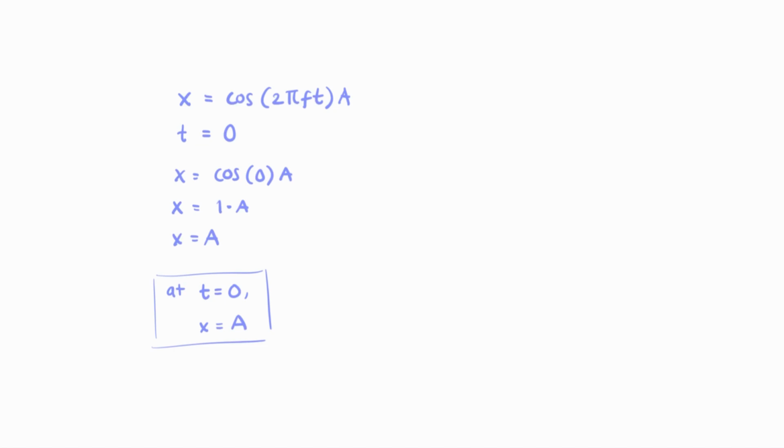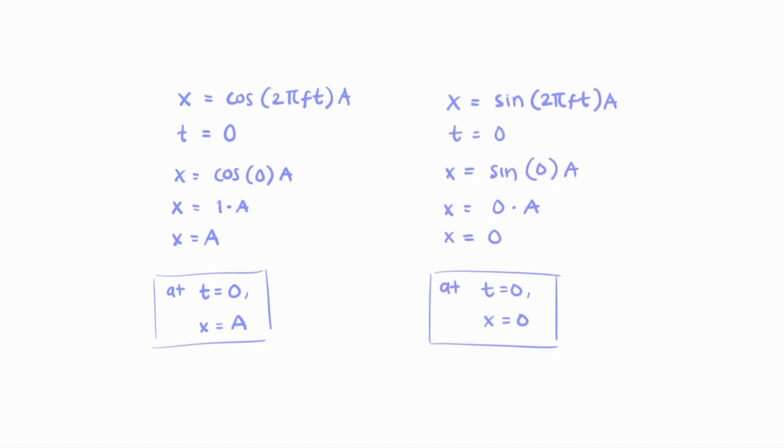Meanwhile, if we are using the sine version of this equation, the sine of 0 is 0, meaning that the x position of the object at t equals 0 is 0, which is the equilibrium point. So, if the object starts at equilibrium point, you use the sine function. However, if the object starts at farthest from equilibrium point, you use the cosine function.